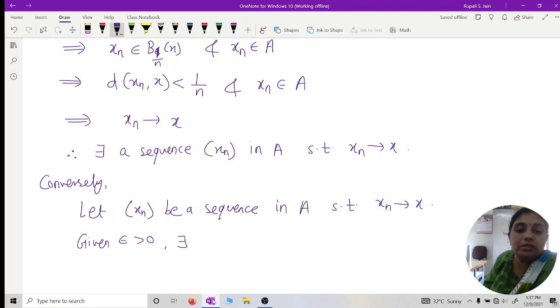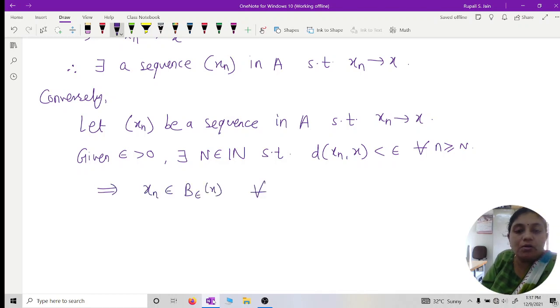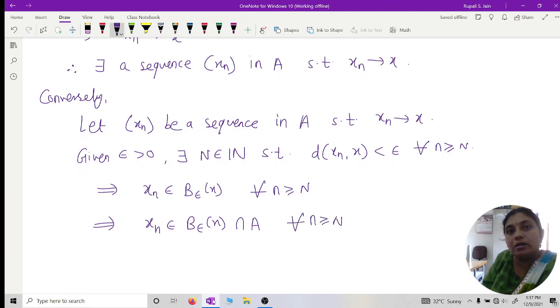By convergence, there exists a natural number N such that the distance between xn and X is less than epsilon for all n greater than or equal to N. So this implies xn belongs to B epsilon of X for all n greater than or equal to N. But where is this xn? xn belongs to B epsilon of X intersection A for all n greater than or equal to N.